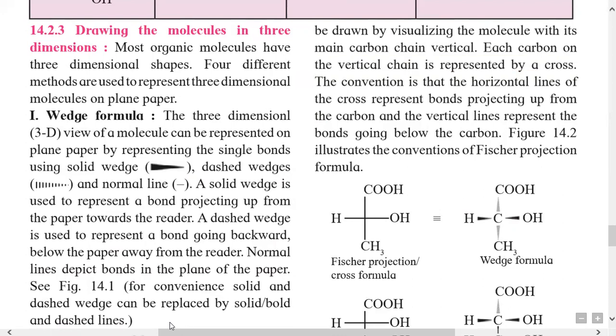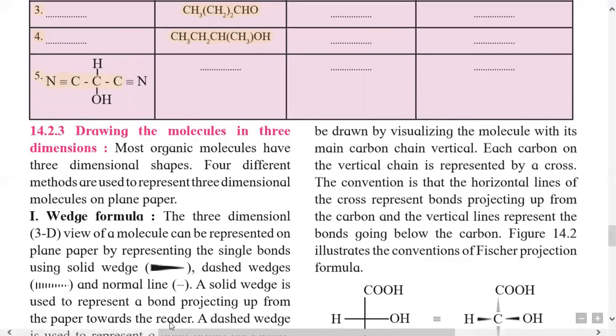But actually in the Fischer projection formula or cross projection formula, these solid and dashed wedges are not shown. Remember this well. If there is a horizontal line, then these bonds are above the plane, and vertical lines, these are bonds below the plane. So this is one example.